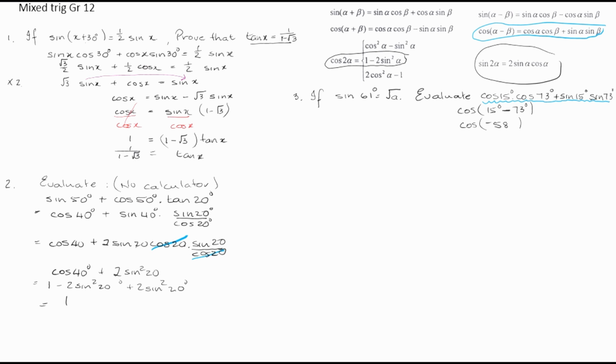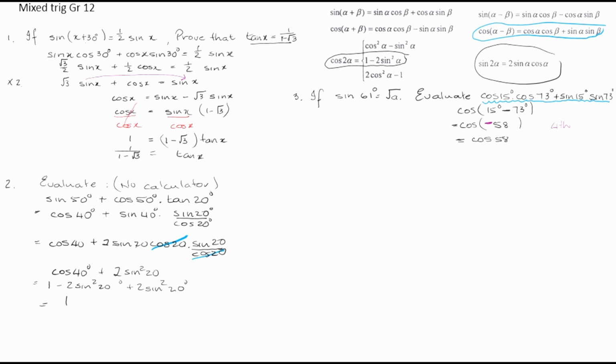Right, and cos of negative 58 is cos of a negative acute angle, so it's in the fourth quadrant, and cos in the fourth is positive. Right, so let's just write in here that this negative here makes it fourth quadrant, and therefore the cos in the fourth becomes positive.